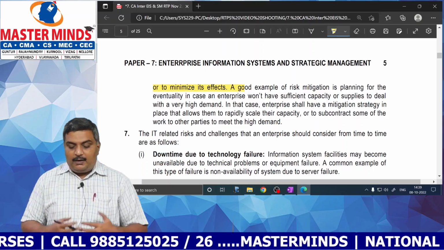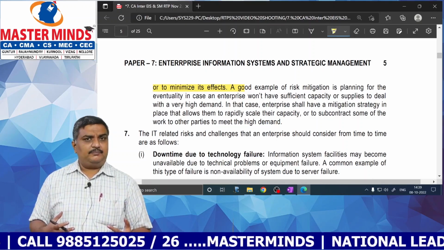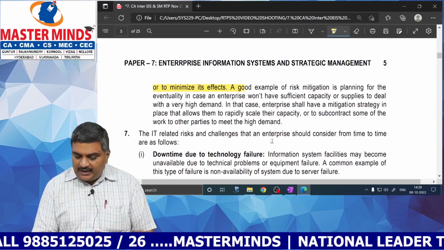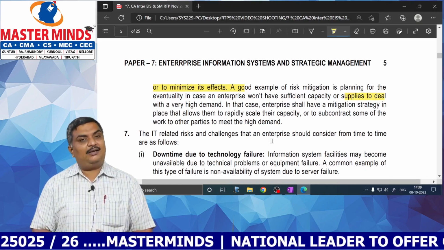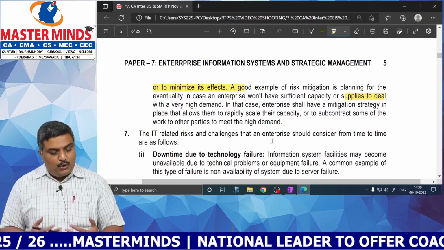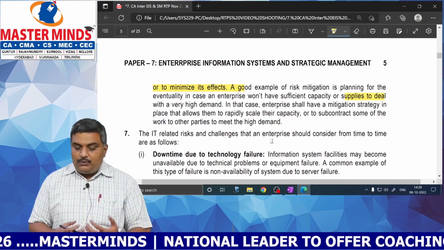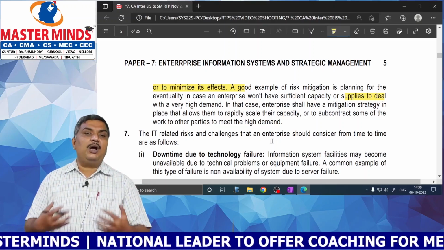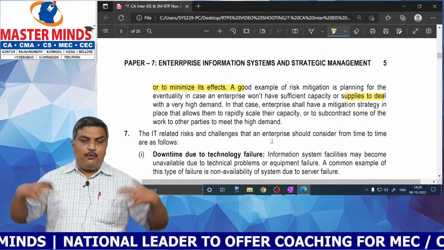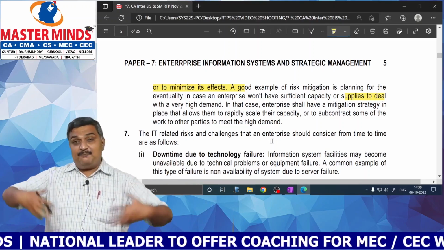You know, for example, here one very good example is given. If sufficient supplies are not there to meet the high demand, so what you have to do? You have to go for subcontracting, or you have to procure it beforehand. You have to expand your business.